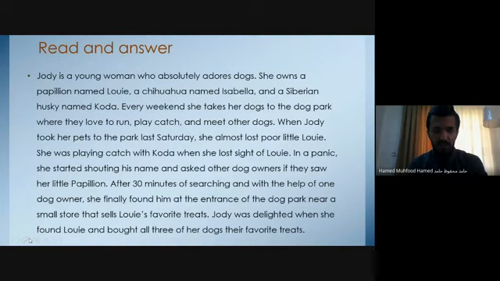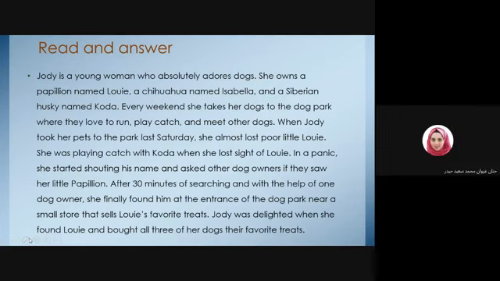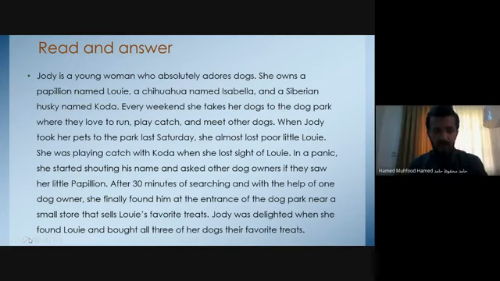So what is meant by pet? P-E-T. Hanan? حيوان أليف. Yes. So she has 3 pets, right? And she lost one of them, but after a while, and with the help of one of the dog owners, she found him.